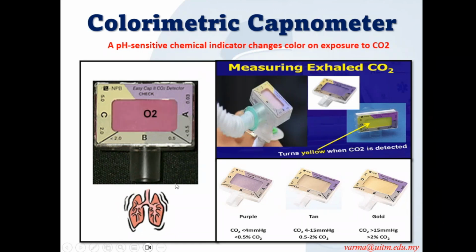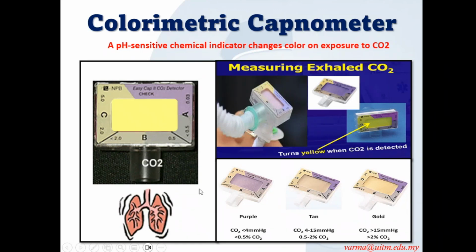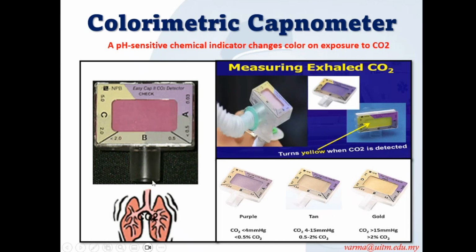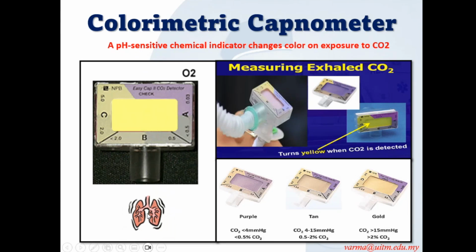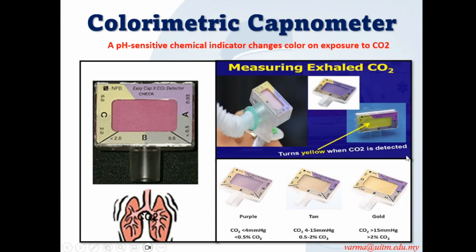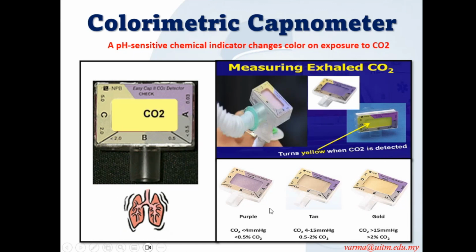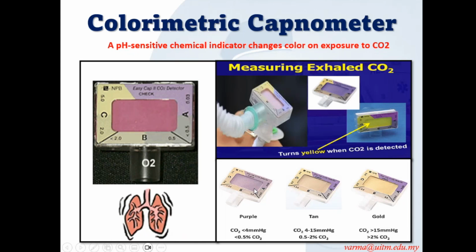The color is usually purple or red. Upon CO2 contact, after we intubate the patient and connect the ETT, the CO2 being exhaled makes the color change. It turns yellow when CO2 is detected. It stays purple when CO2 is very low, let's say with an esophageal intubation. The in-between color means CO2 around 4 to 15 millimeters mercury.